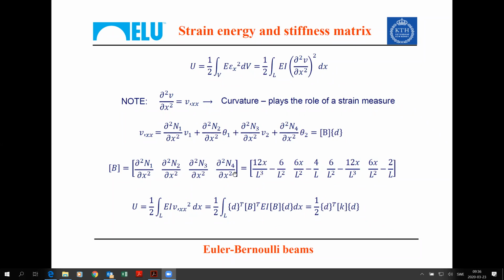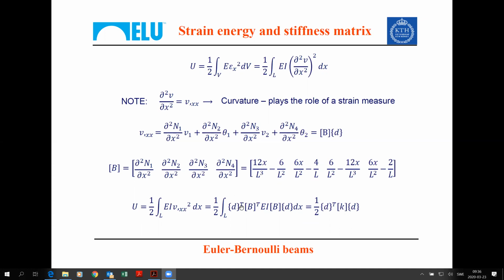We can then use this expression of the matrix B to compute the strain energy, and so we simply replace vxx squared by B times D squared, and what we obtain is 1 over 2, an integral over the length of D transposed B transpose times EI, these are Young's modulus and second moment of inertia, times B times D, and of course dx.